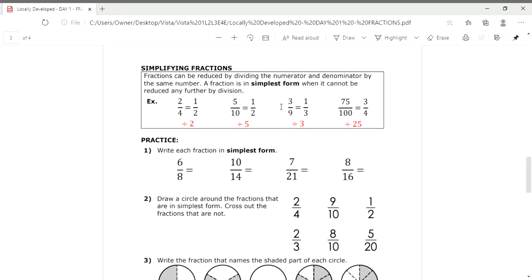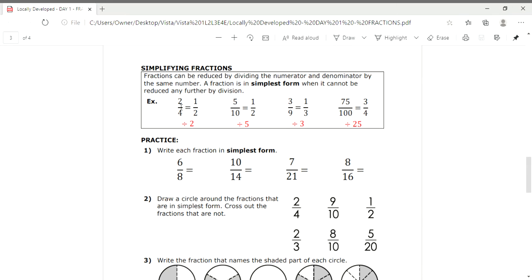Next, simplifying fractions. Fractions can be reduced by dividing the numerator and denominator by the same number. A fraction is in simplest form when it cannot be reduced any further by division.